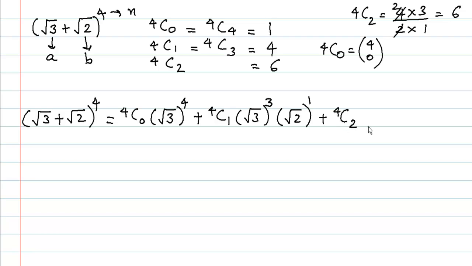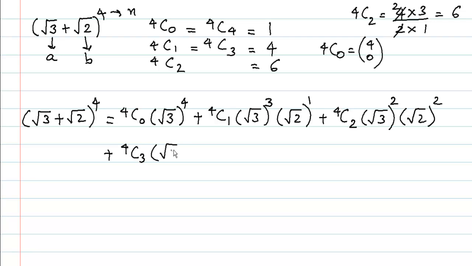4c2. Now when we have this as 2, the value of root 2 will be raised to 2. And we'll have this first part a, root 3 squared this time, 1 less than the previous time. And root 2 also will be squared. Again, 2 plus 2 is 4. Plus 4c3.